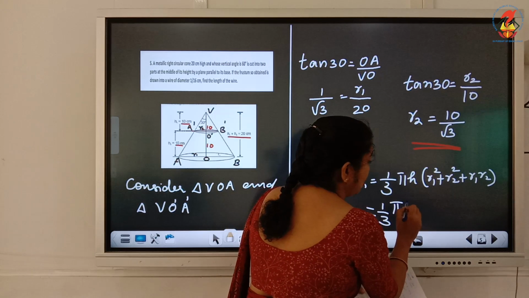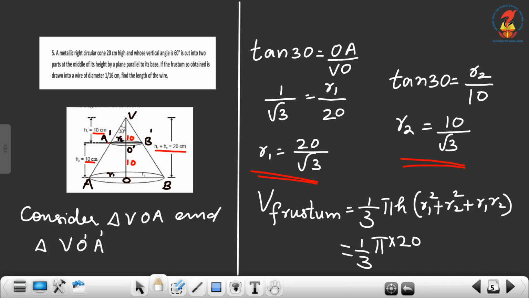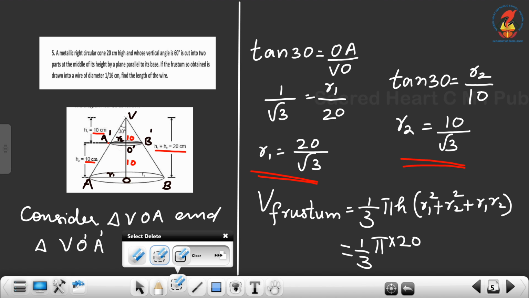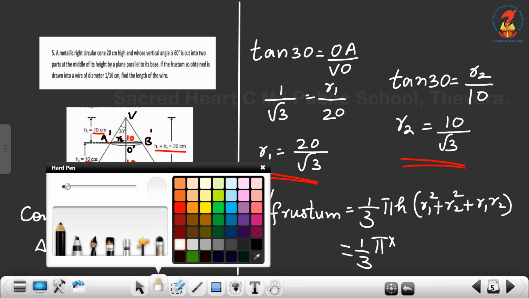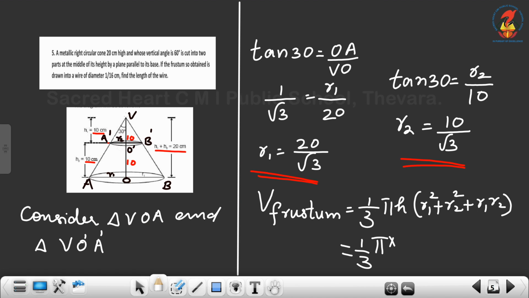So pi into 10, because the height of the frustum is 10. So pi into 10 into R1 square. R1 is 20 by root 3, so 400 by 3.